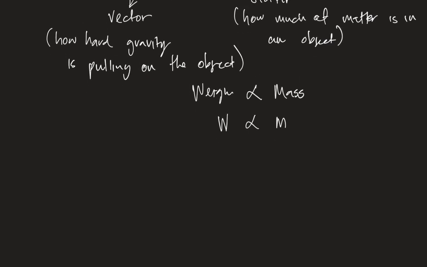That's my relationship there. And essentially what I'm looking at is the fact that my weight is also my force of gravity. So I can say that weight is also force of gravity.